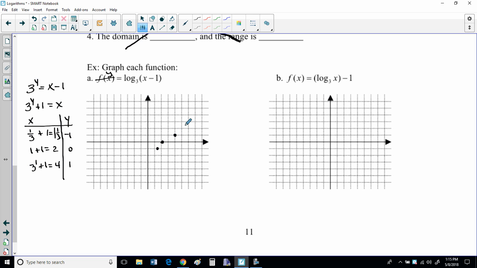Now I got to figure out where that vertical asymptote is. If you're not sure, try plugging in something like 1 for the x value. If you plug in 1, you get log of 0. That does not exist. Let's try getting -2. Let's plug in -2 for y.